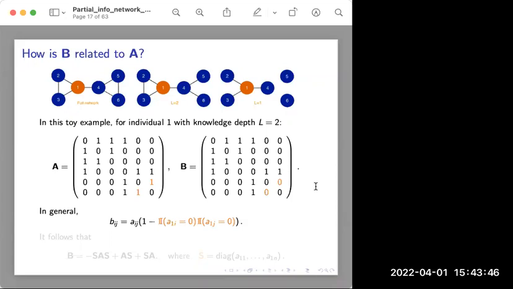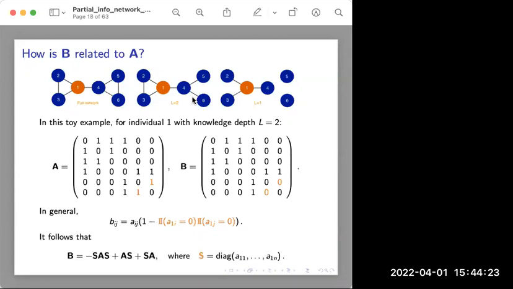More generally, we have this relationship connecting the entries in B and the entries in A. An edge between node i and j is observed by node 1 if and only if at least one of the 2 nodes is a neighbor of node 1. Going back to the toy example, the edge between 5 and 6 is not observed because neither 5 nor 6 is a neighbor of 1. All of the other edges satisfy this constraint, so they are observed.